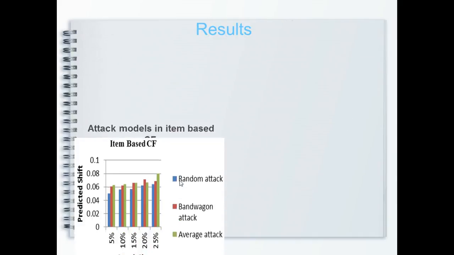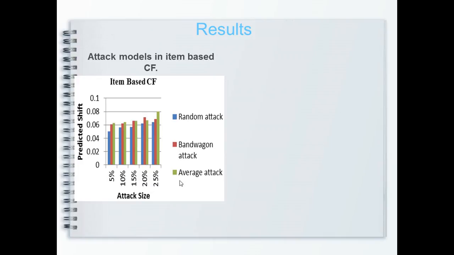These are the results which we have analyzed. This is a graph which shows that average attack is the most effective attack. It has the highest impact in the item-based collaborative filtering approach.